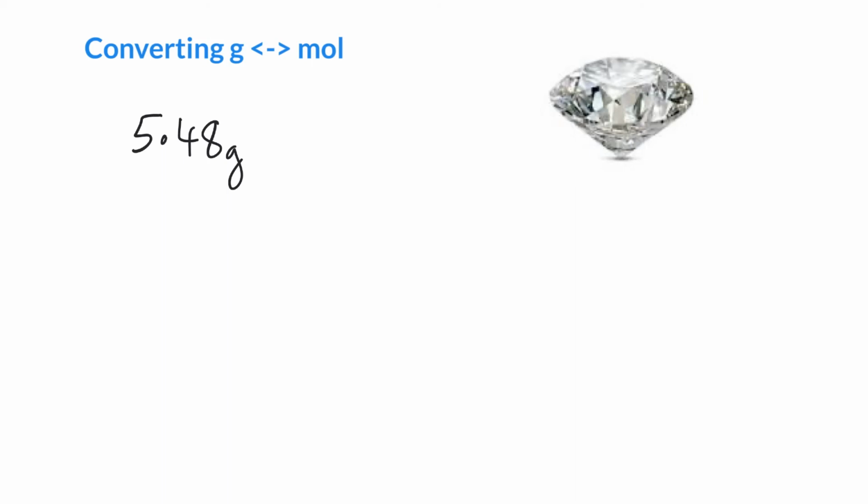And maybe you've got 5.48 grams of diamond, and you want to convert that into moles. And so we know that the conversion factors we need are 12.01 grams, which is equal to 1 mole of carbon. So we have to decide what goes on the top and what goes on the bottom.